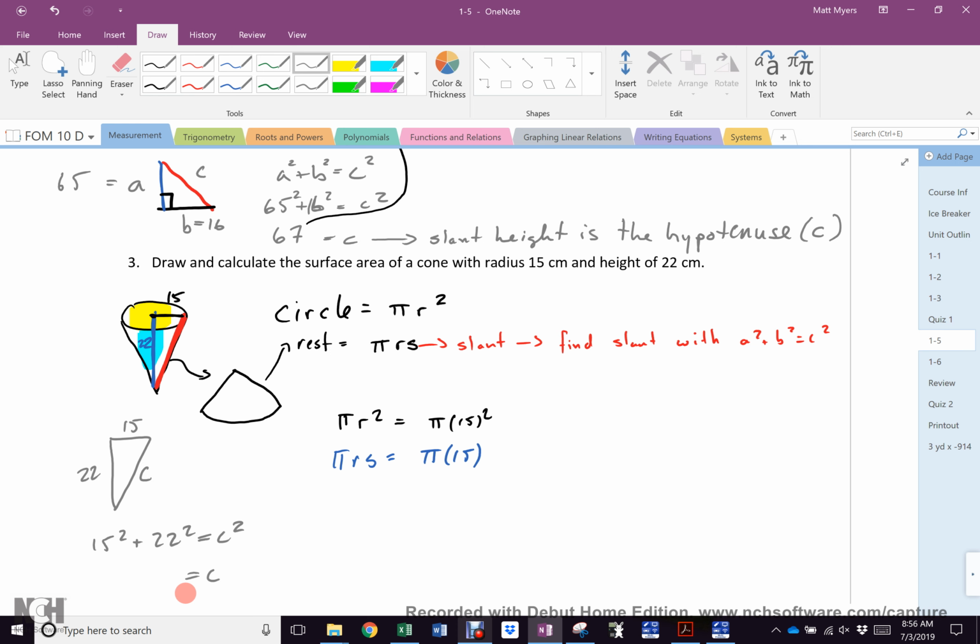I just need one decimal place. What's C? 26.6. Now C is also slant, right?